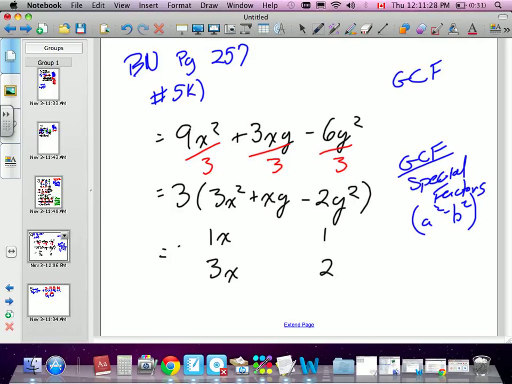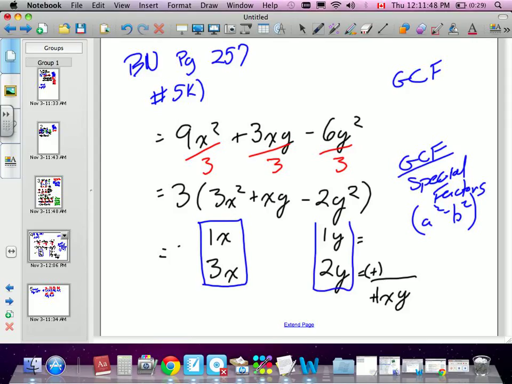But again, because it's y squared, it's 1y times 2y. We know that the products, when we multiply them together, need to add up to positive xy, or in other words, positive 1. So we're going to multiply our columns across. This one looks like it's going to be pretty straightforward.